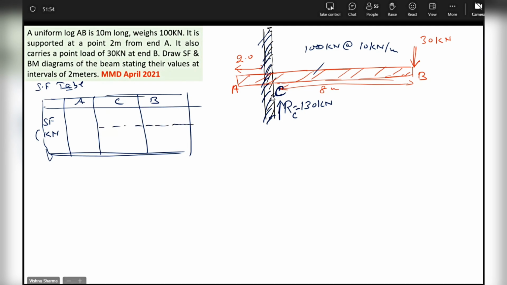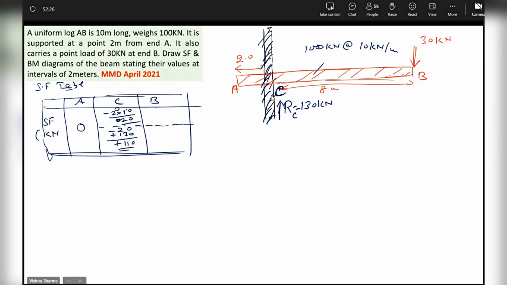To the left of A, shearing force is 0. To the left of C, it is minus 2 into 10, that is minus 20. To the right of C, it is minus 20 plus 130, that is plus 110.